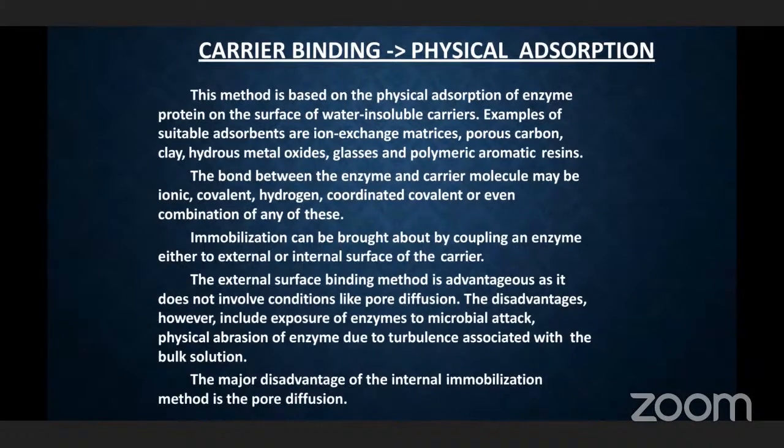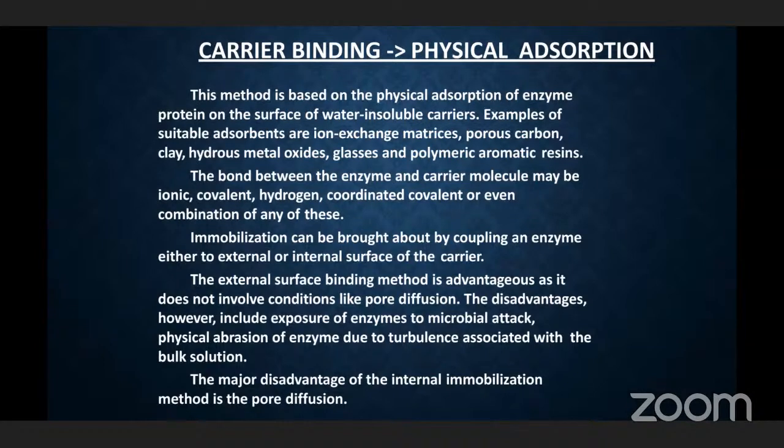So carrier binding, which is physical adsorption. This method is based on the physical adsorption of the enzyme onto the surface of water-insoluble carriers, like ion exchange matrix, porous carbon, clay, hydrous metal oxides, glasses, and aromatic resins. The bonds between the enzyme and the carrier molecule may be ionic, covalent, hydrogen bonds, or coordinate covalent, or sometimes two or three bond types may be combined.